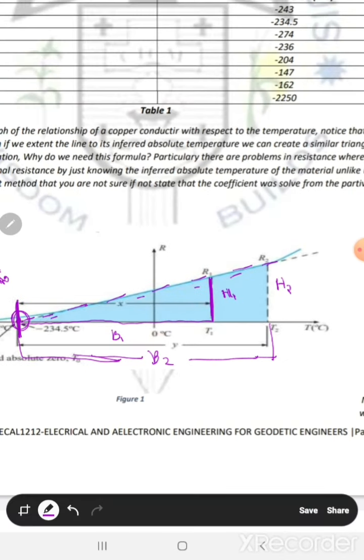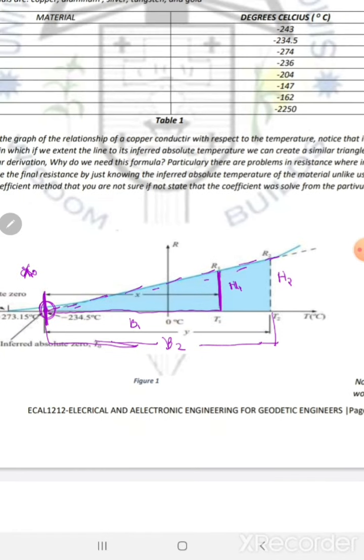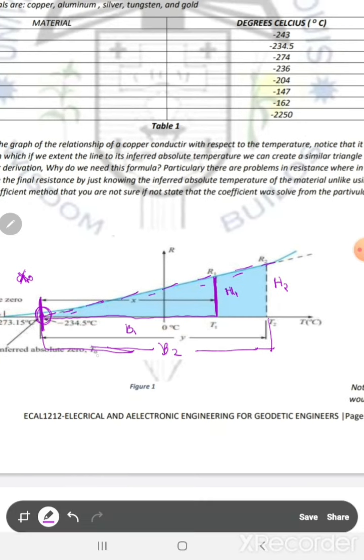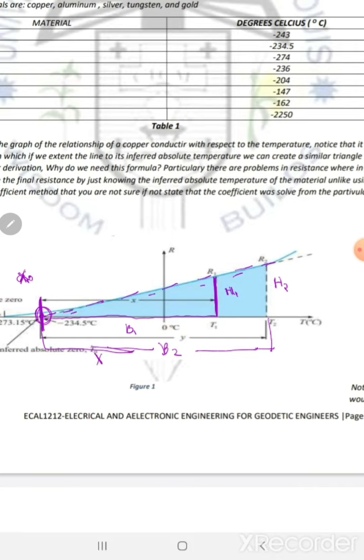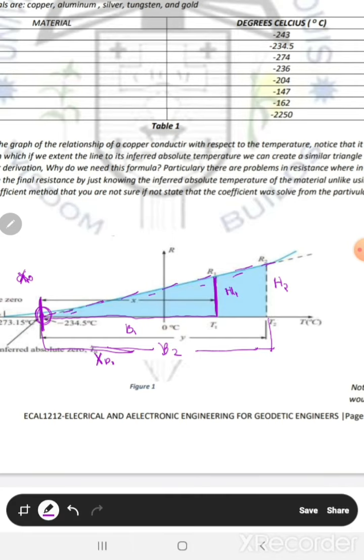From 0 to T0, that is your X distance 1.